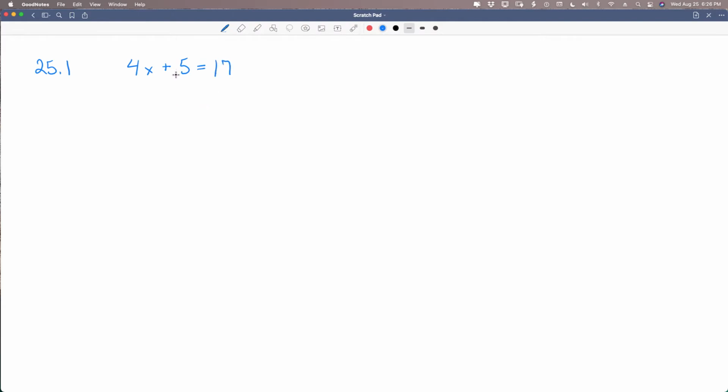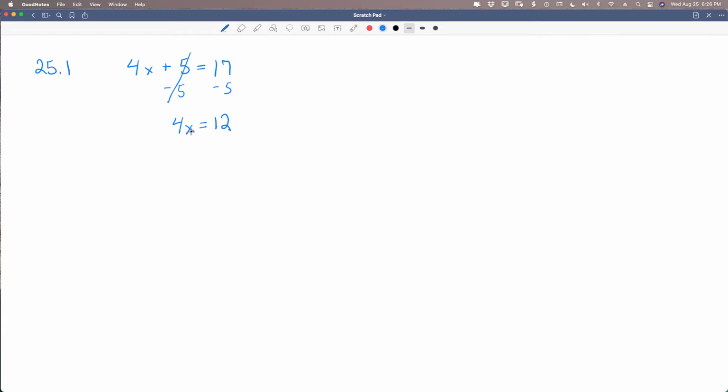So the first thing we need to do is the opposite, which is to subtract 5 from this side. So we're going to do that to both sides to maintain the stasis or the equanimity of the problem. So minus 5, minus 5. This cancels to 0. This leaves 4x on this side, and 17 minus 5 is 12 on this side.